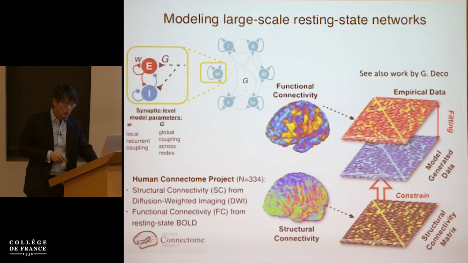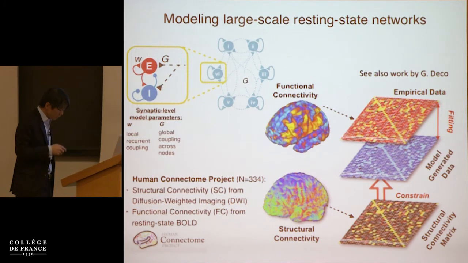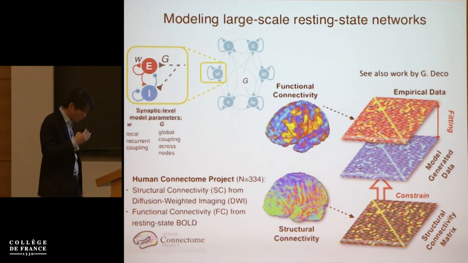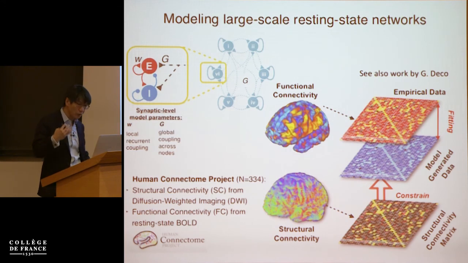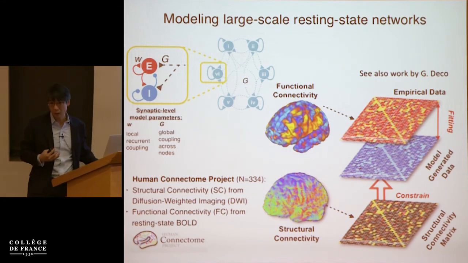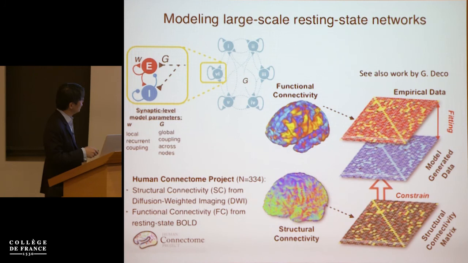And the same group, led by Jean-Marie, tried to see whether macroscopic gradients would have important implications when you look at the functional connectivity of resting state in the human experiments.